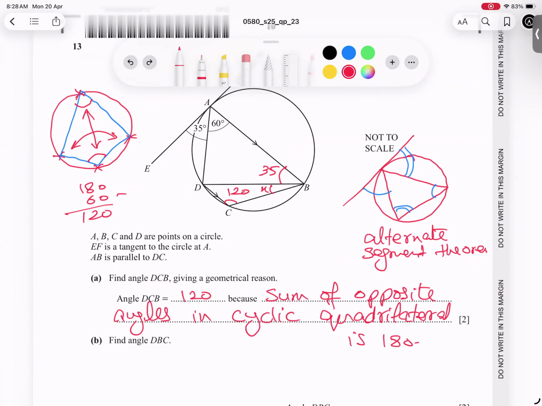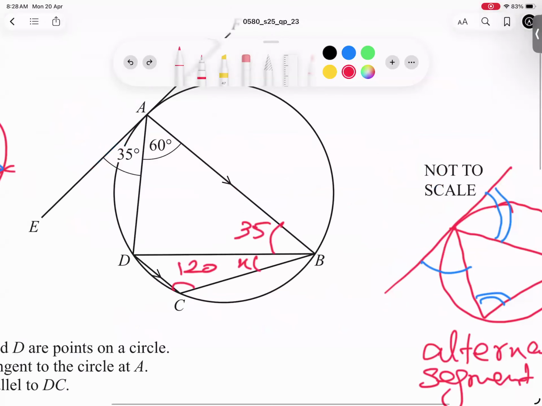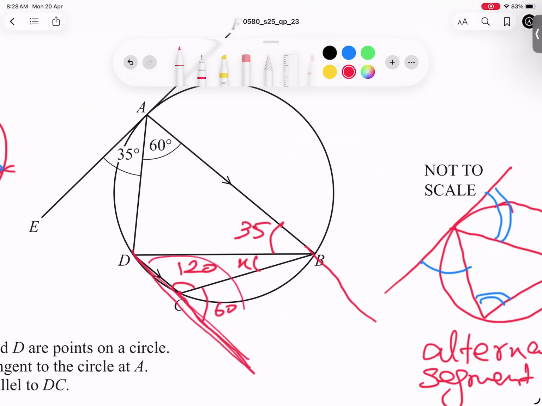Up till now, I have taken no help from them. Students, if I extend this line forward and this line forward, and this is 120, what is this? This is 60. How come? A straight line sums to 180 degrees, so I get 60.